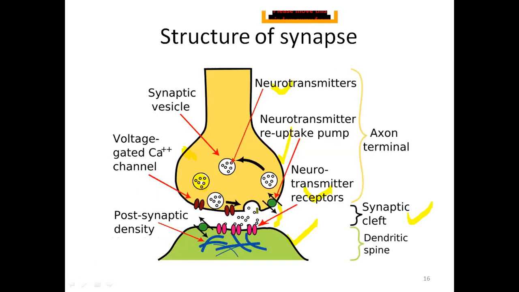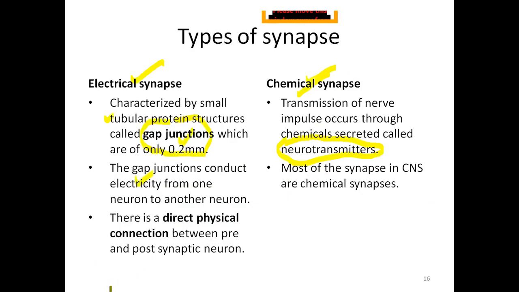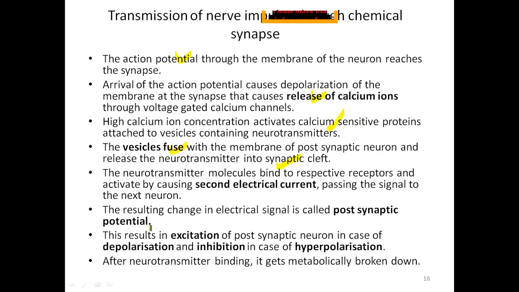So the neurotransmitter that is released goes and binds to the receptor that is present on the postsynaptic membrane, and binding of the neurotransmitter either brings about depolarization, or through some secondary messenger, it may bring about depolarization or hyperpolarization in the postsynaptic membrane.